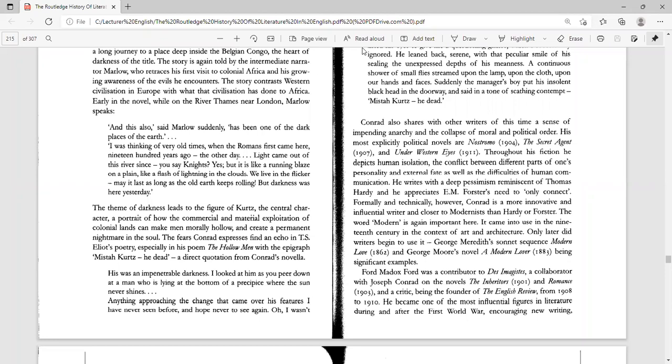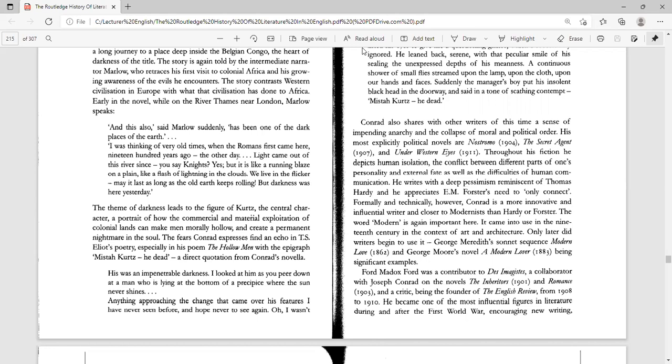The fears Conrad expresses find an echo in Eliot's poetry later on, as The Hollow Men is a poem by T.S. Eliot, and there is an epigraph of this poem which reads, Mistah Kurtz, he dead.